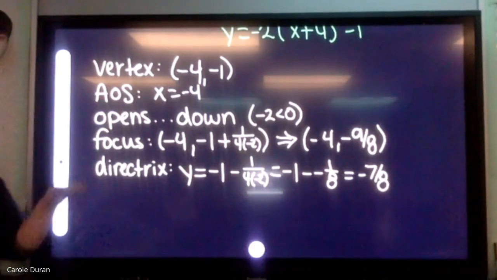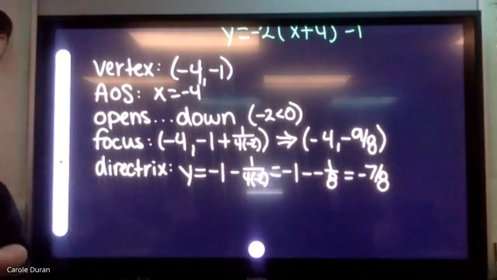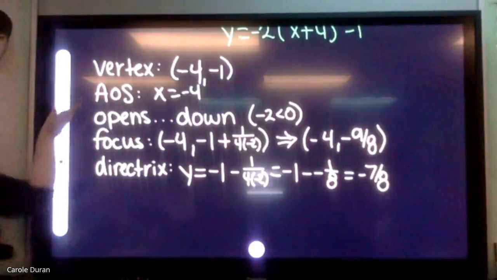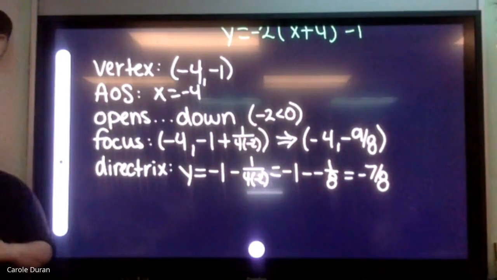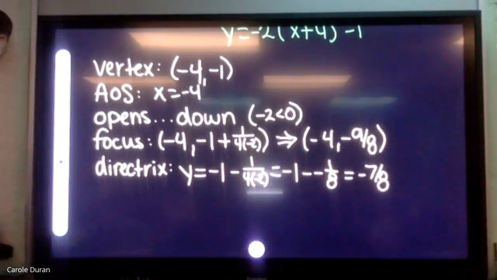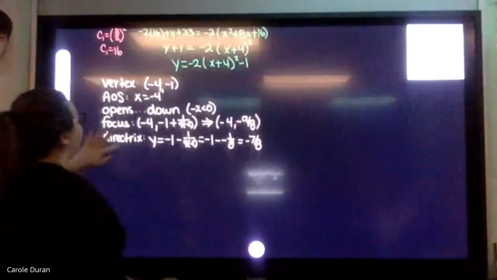I'm more interested in you putting these 5 pieces down and then approximating what your graph would look like from that. So I'm going to give you a second to finish writing these, and then we're going to go ahead and put the graph down. Some of you are already graphing, and I think that's wonderful. Time for a new page.